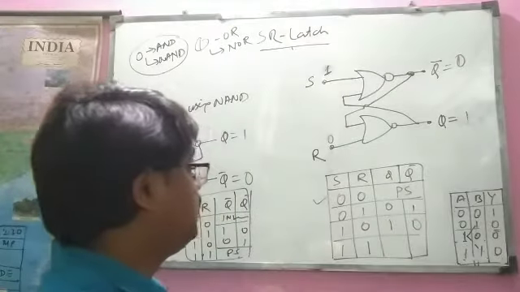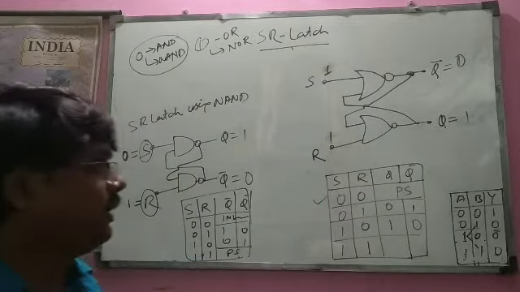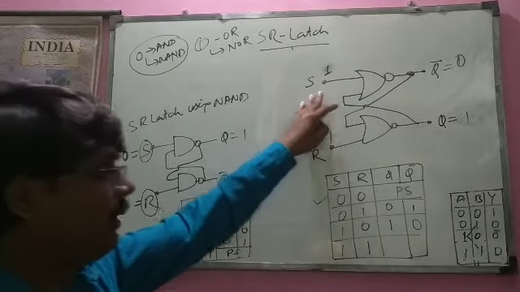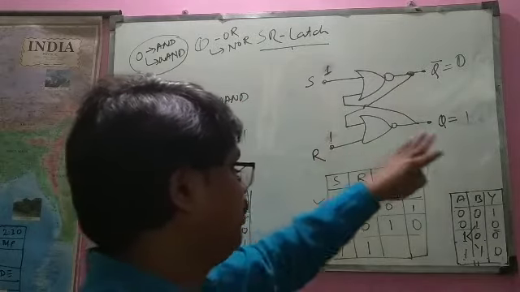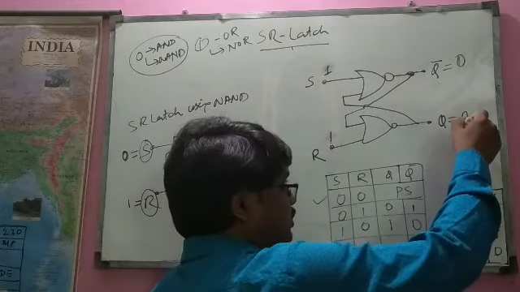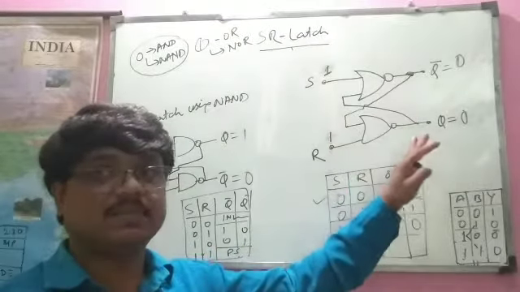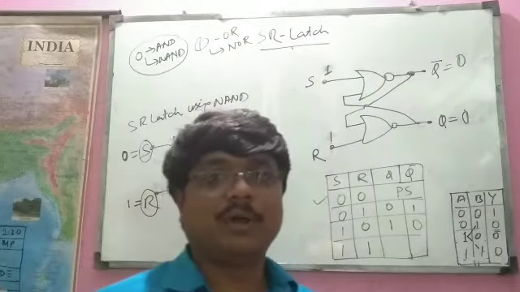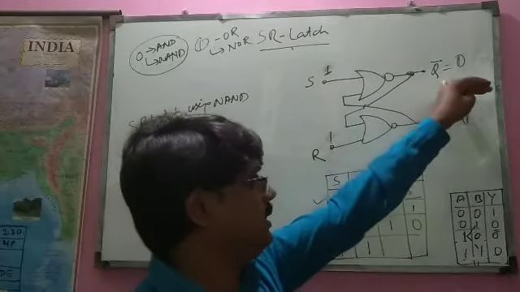And if both the inputs are 1, then what will happen? This will try to make this Q bar 0. This will also try to make this Q 0. Is this condition possible for a flip-flop or SR latch? No. This should be complement.